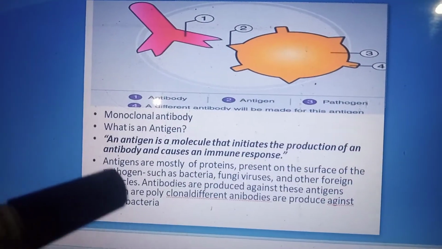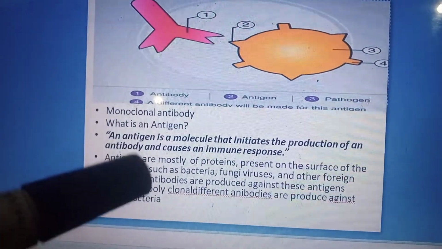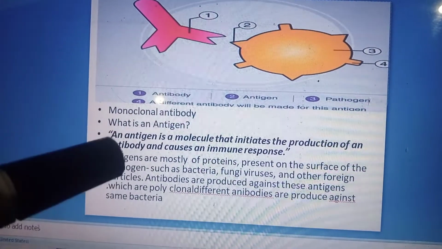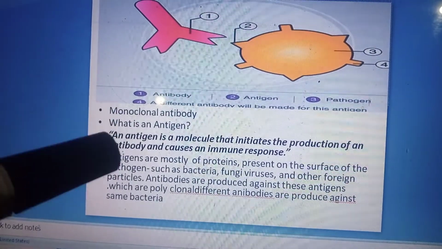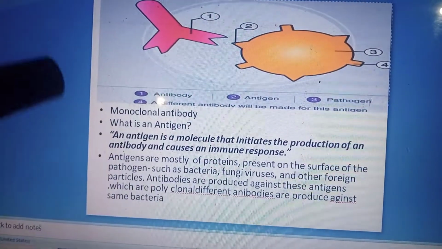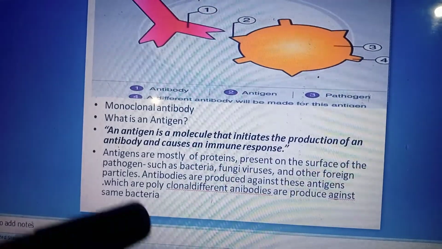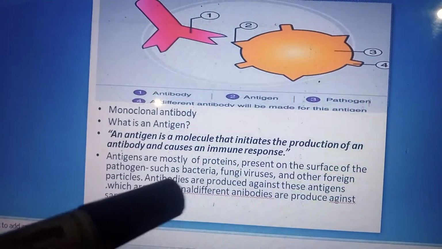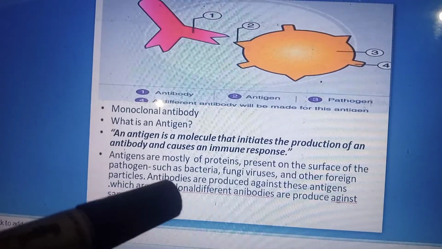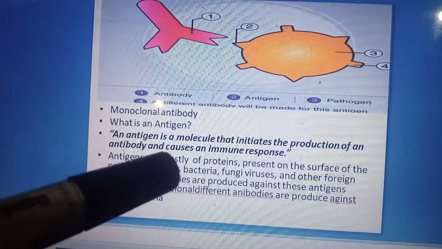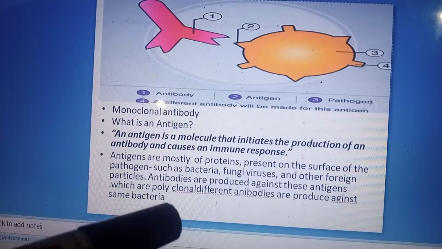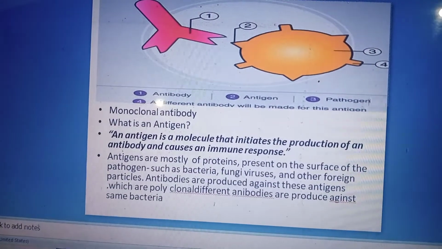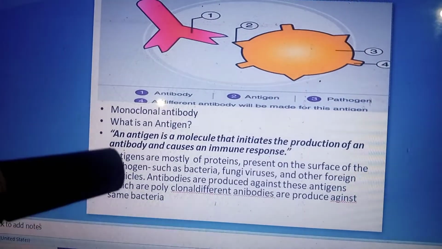Any such molecule that enters the body and initiates antibody production is called an antigen. Antigens are mostly proteins present on the surface of pathogens such as bacteria, fungi and viruses, and other foreign bodies. Now, what are antibodies?